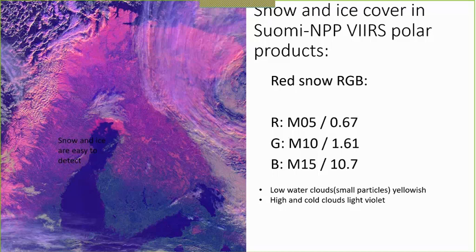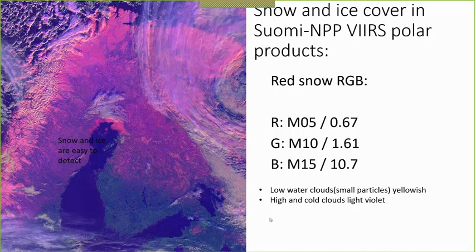When we have some clouds here, we have low water clouds with small particles in yellowish, because we have here the greenish 1.8 channel that gives us information about the particle size, and we get also information about the temperature. So it's really a nice product also to detect snow and ice cover.